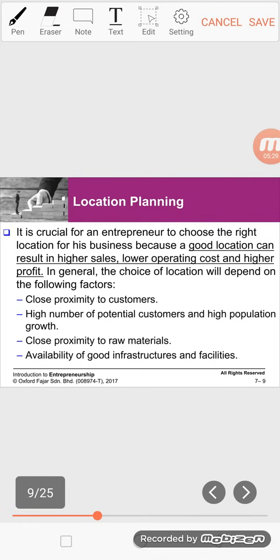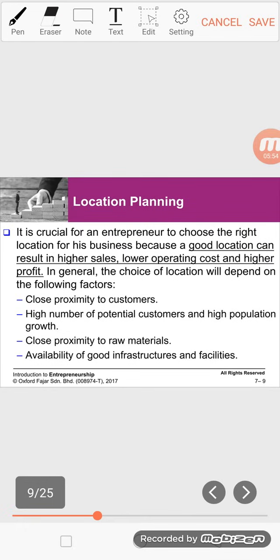Close proximity to raw materials. This is important as well. Although we have to give and take, even though we say that being close to customers or a high density population is important, being close to the raw materials is also very important.